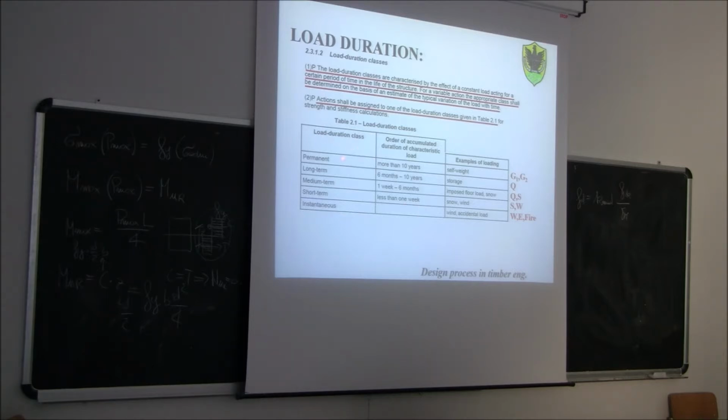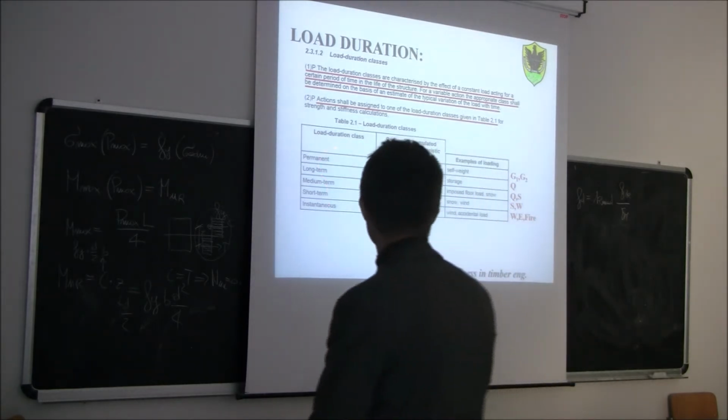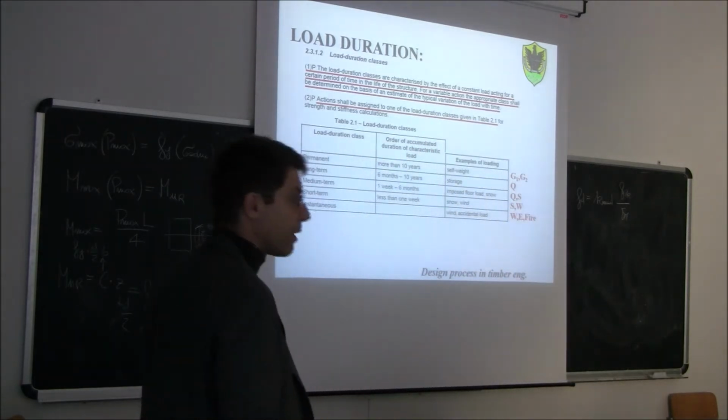You see, load duration class, permanent. An action is considered permanent when the order of accumulated duration of characteristic load is more than 10 years. A typical example of a permanent action is obviously the self-weight. So self-weight is assigned to the load duration class defined as permanent.